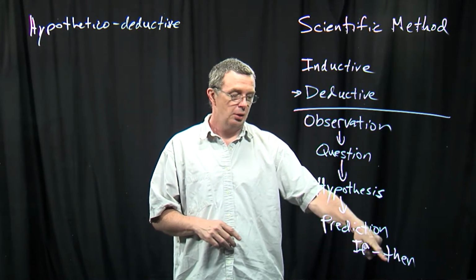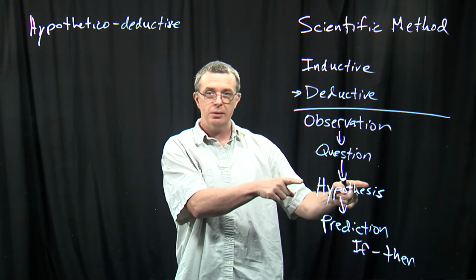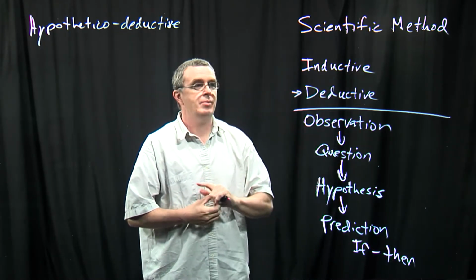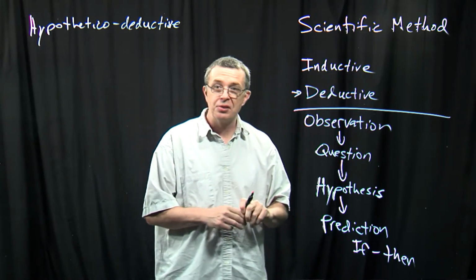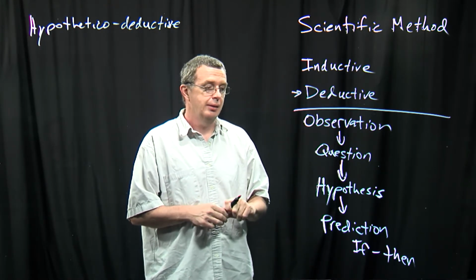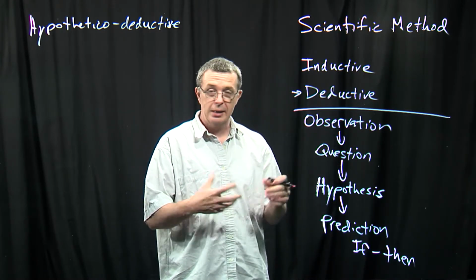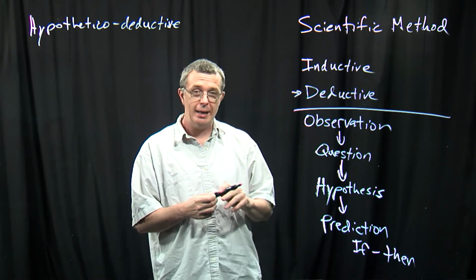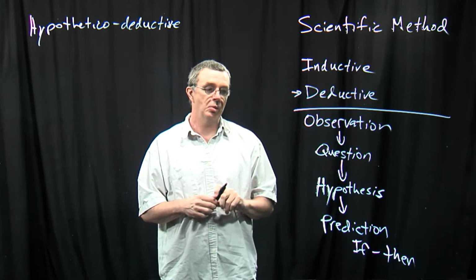So a prediction often follows from the hypothesis. If my tentative explanation is correct, I expect this to happen in the future. So if every swan I've ever seen has been white, then I expect the next swan that I see will be white also. If every swan that I've ever seen has been black, then I expect the next swan that I see is going to be black.